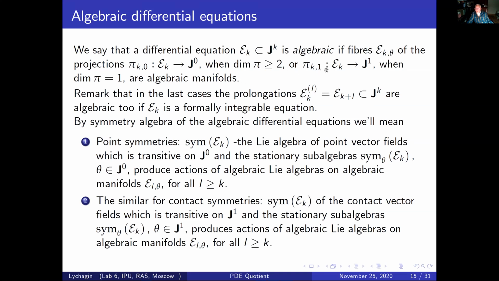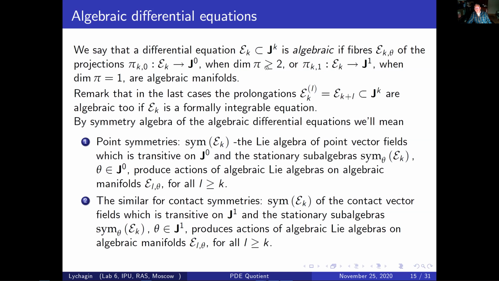The same holds for a bundle of dimension 1. If you take projections from this equation to 1-jets, and this intersection of Gk with the fiber of this projection is an algebraic submanifold, then it's invariant under all contact transformations. So the notion of algebraicity, roughly speaking for systems, is good for all.